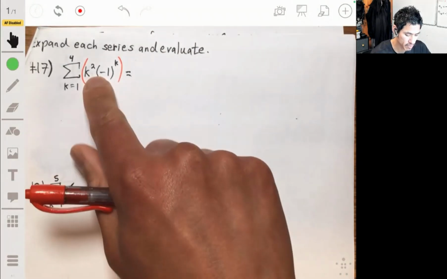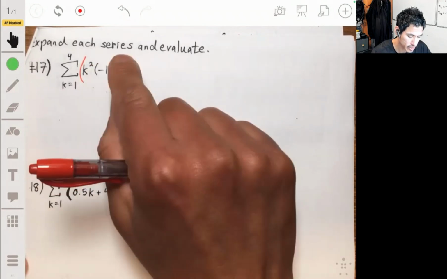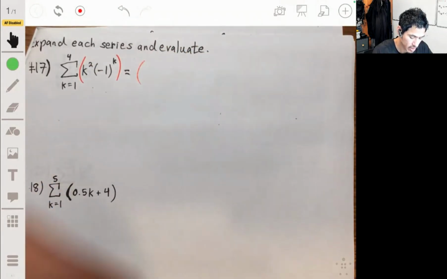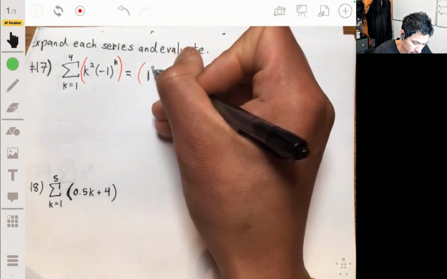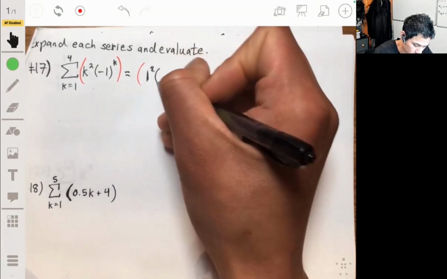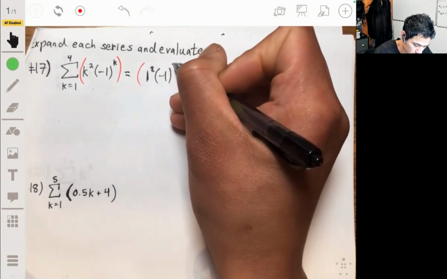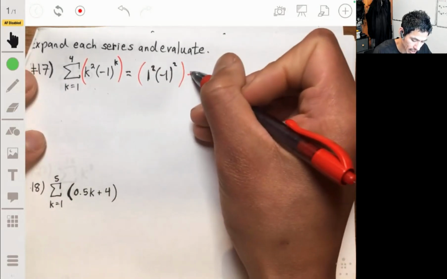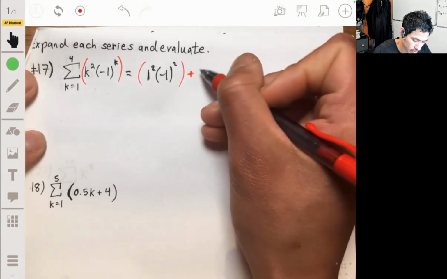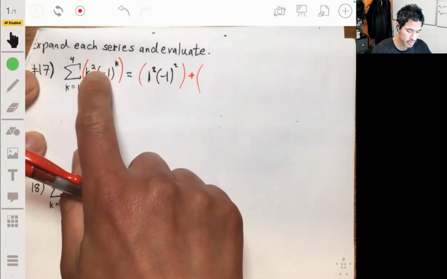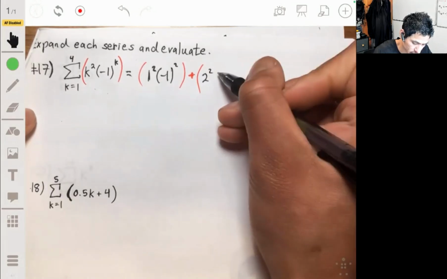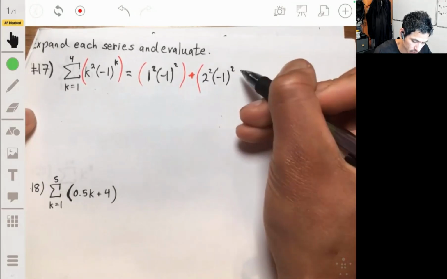So a1 is going to be 1 squared times -1 to the 1. You put a 1 where that k is. Then we add this to a2. For a2, we put a 2 where that k is. So this will be equal to 2 squared times -1 to the 2.